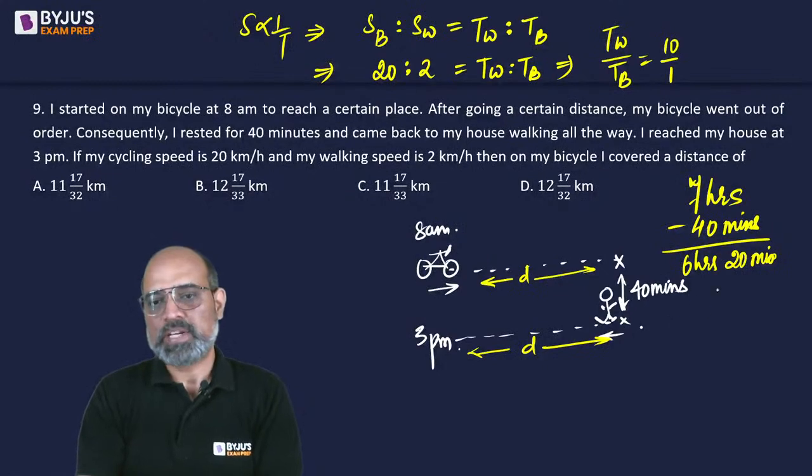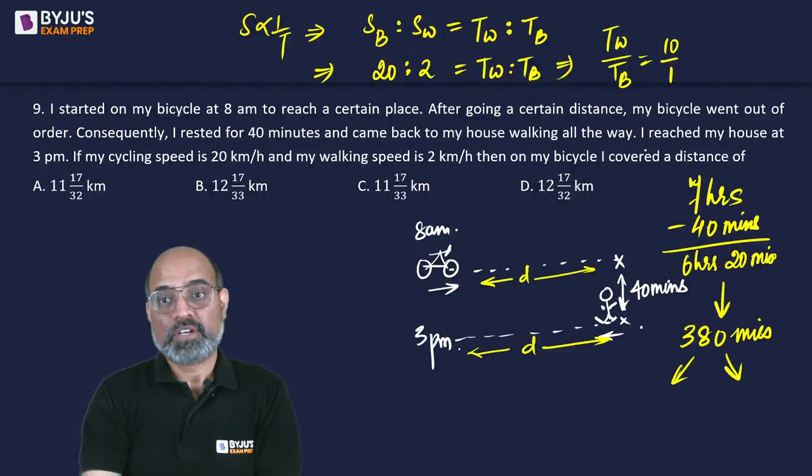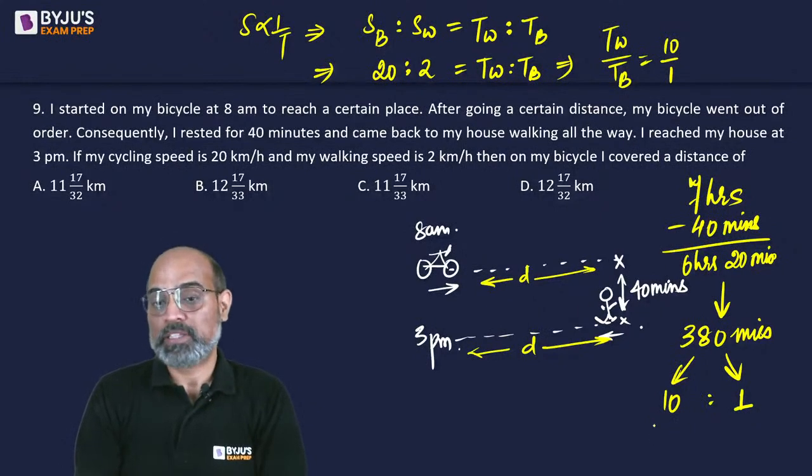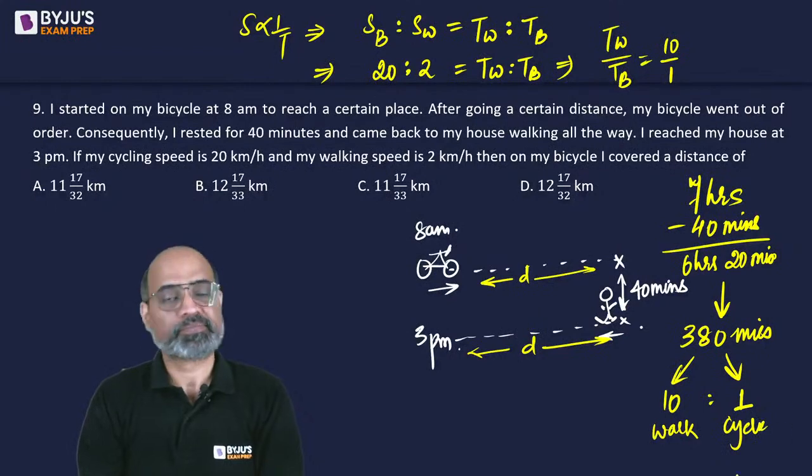Now 6 hours 20 minutes is nothing but 380 minutes. So we are supposed to divide this 380 minutes in the ratio 10:1, because the 10 component will be the walking time and the 1 component will be my cycling time.